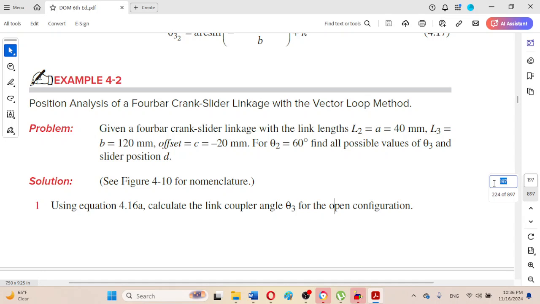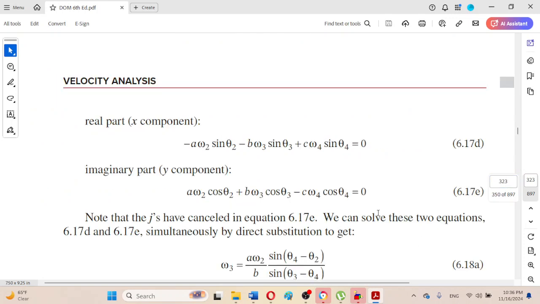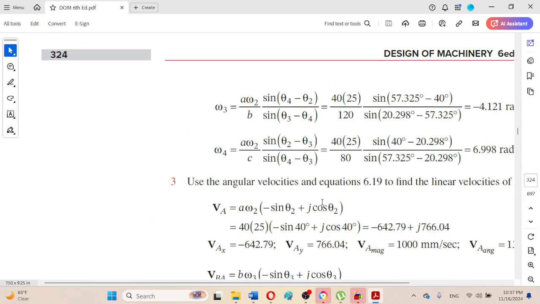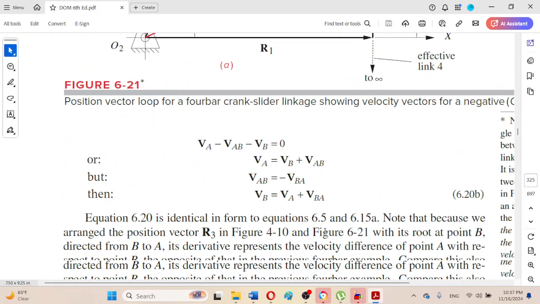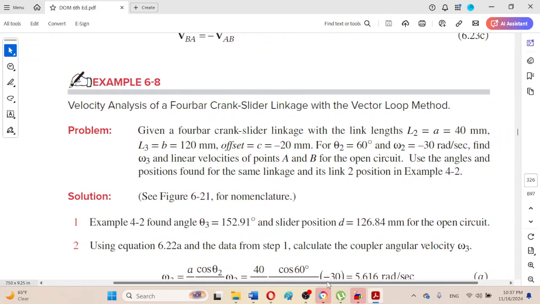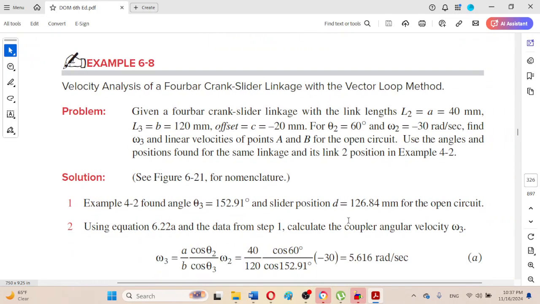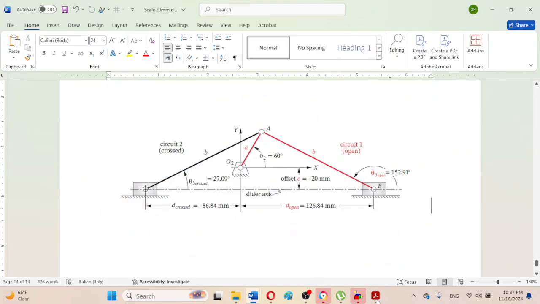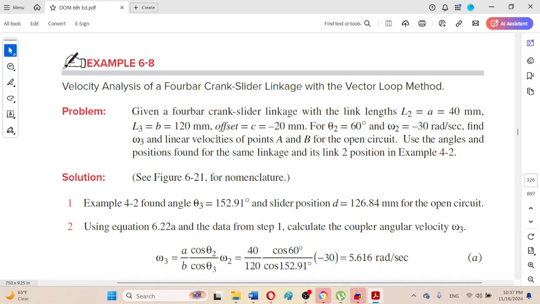The same example has been repeated there. So here this example 6-8, the same example that was example 4-2, has been repeated here for the velocity analysis.